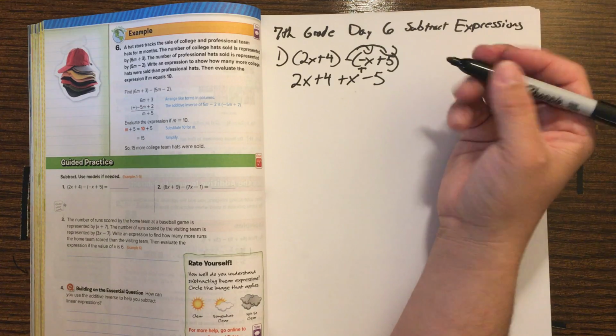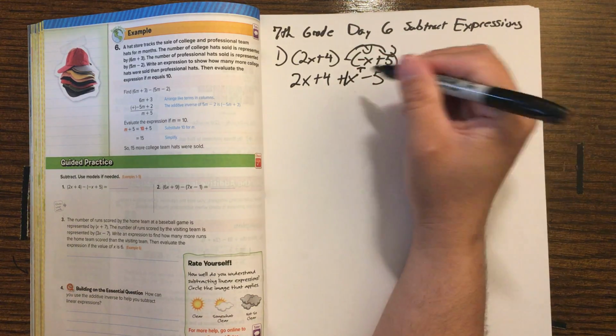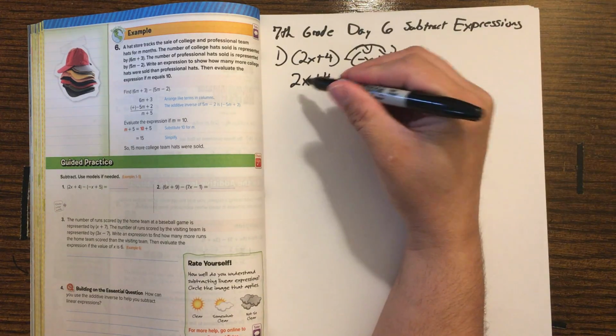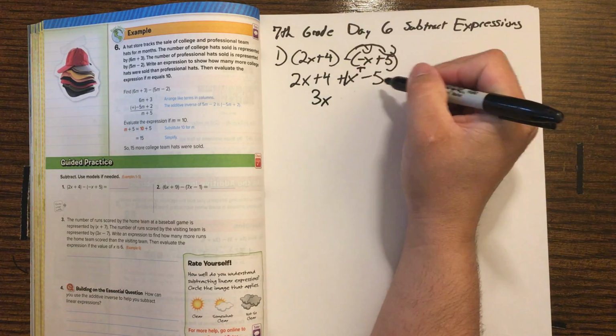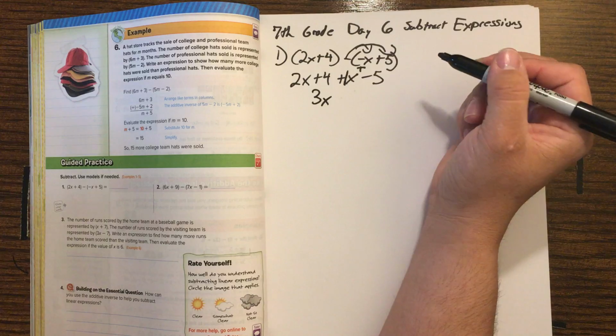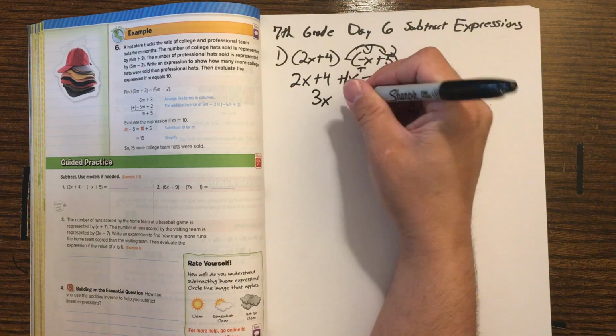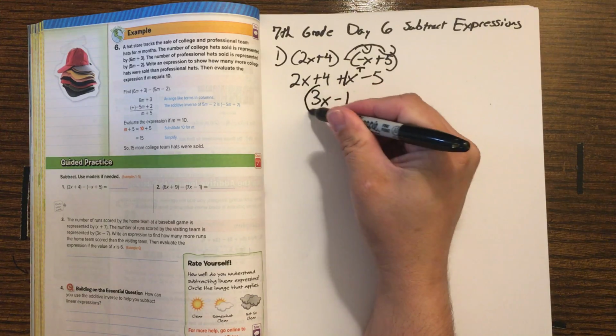In front of this x is understood to be a 1. If there's nothing in front of it, it's just 1. So 2x plus x is 3x. And then 4, you can say 4 plus negative 5 or 4 minus 5. That's like saying you have $4, but you spend $5. You have to borrow $1 from somebody else. So that's 3x minus 1.